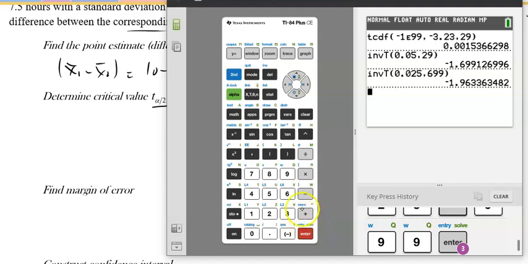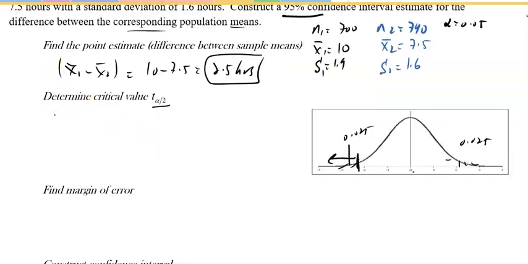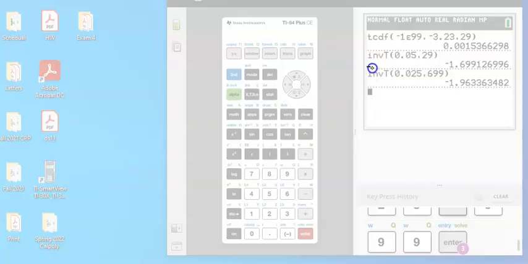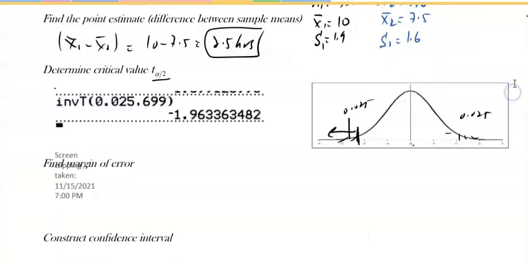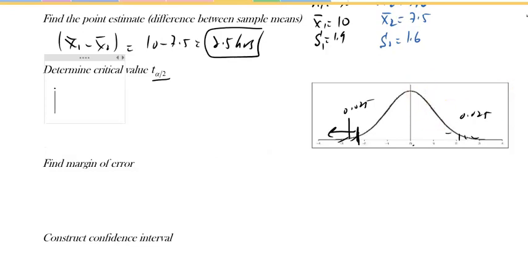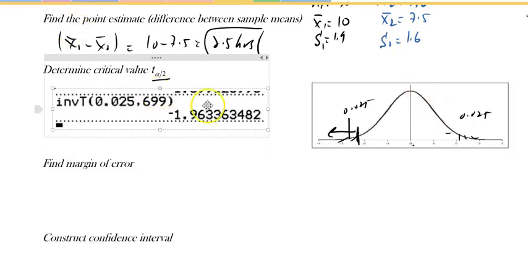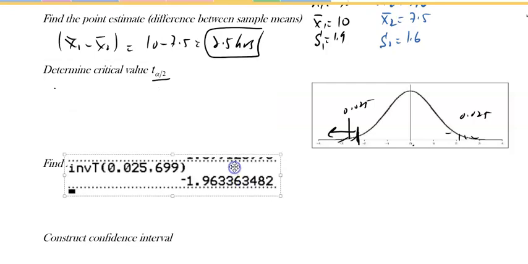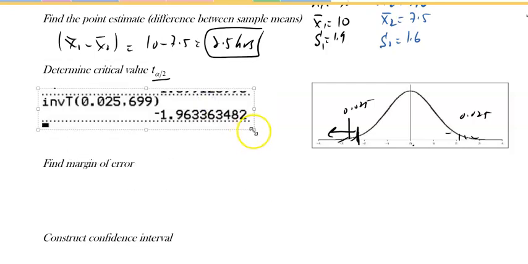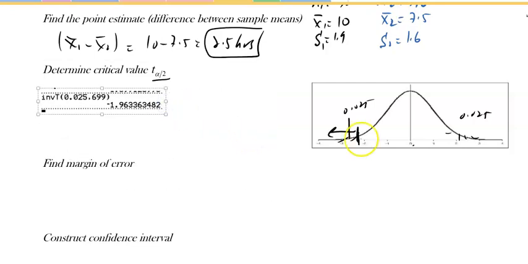And that tells us it's negative 1.96. There it is. Negative 1.96 and positive 1.96.